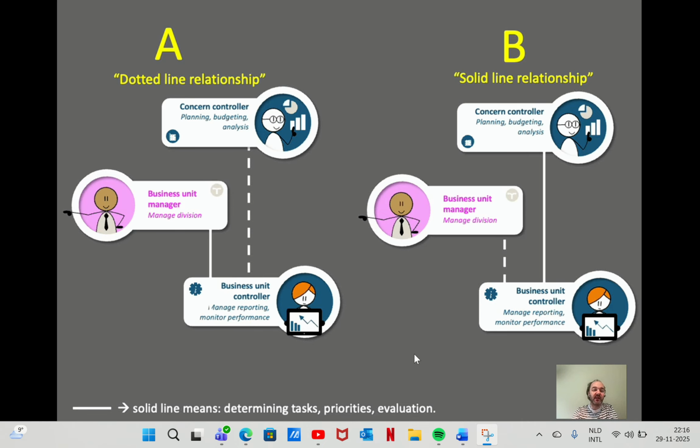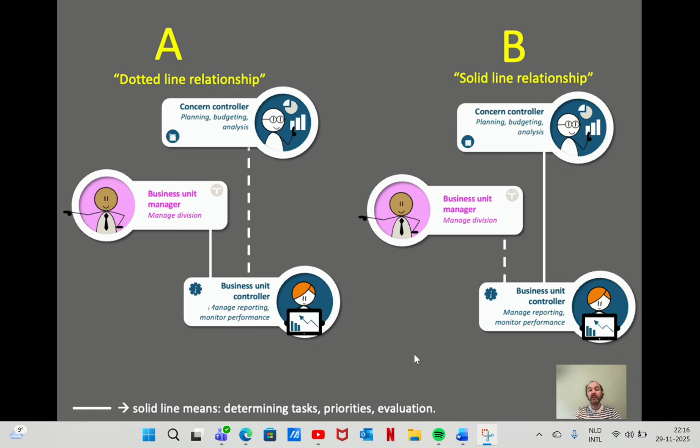And if this is the case, if this is a solid line, you could say, then the business unit manager determines the tasks, priorities, and the evaluation of this controller. And then probably the business unit controller is more likely to support him or her in the decisions that have to be made.